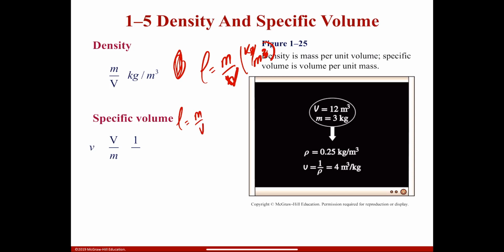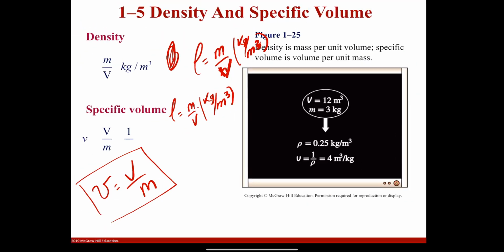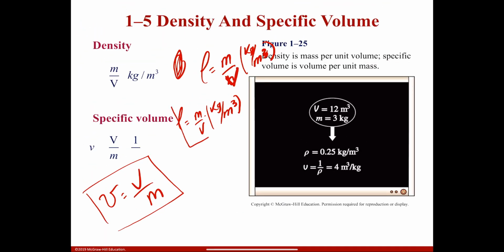Density is mass over volume, kilograms per meter cubed. Perfect. Then we have specific volume, which is equal to volume over mass. Okay, so these two definitions are quite important because we just started learning new formulas that we're going to be using moving forward.